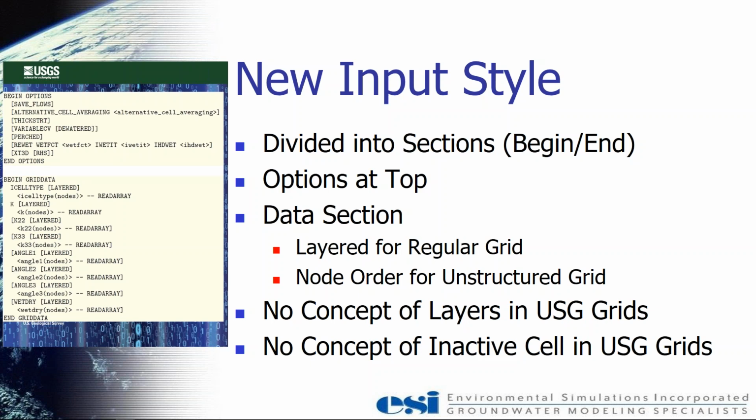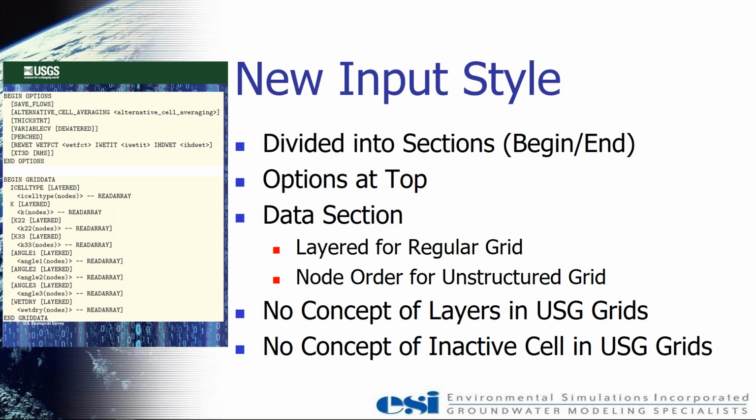As I mentioned earlier, all of the input formats are new. So a lot of the same information that you entered for MODFLOW models before is the same, but the formatting of it in the input file is very different. And on the left, I just show you the documentation for what goes in the NPF file. NPF is the node property flow file, which replaces the BCF, the block-centered flow, and the LPF, or the layer property flow, or the UPW if you're using MODFLOW NWT.